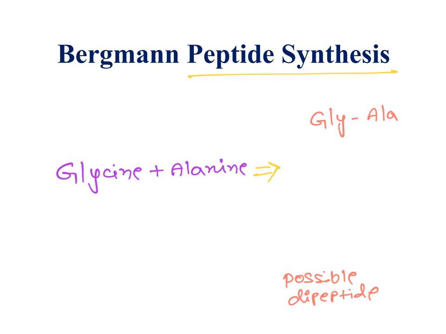This is one possibility. Another one, in reverse: the alanine acid group can interact with the glycine amino group, which can give alanyl glycine dipeptide. These are the two. Along with these two, glycine and another glycine can interact to give glycyl glycine, and another one is alanyl alanine.